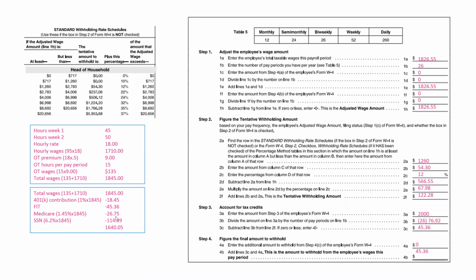And then our Medicare, 1.45% times the full amount, because again, even though they have a 401k contribution, you're still paying Social Security and Medicare. So they're paying that full 1826, they're paying the full 1.45% and 6.2% respectively for Social Security. That gives us a breakdown of 1640.05 for a net pay.